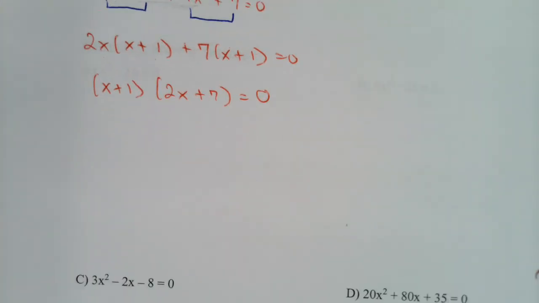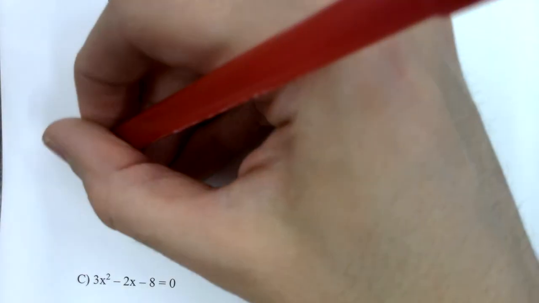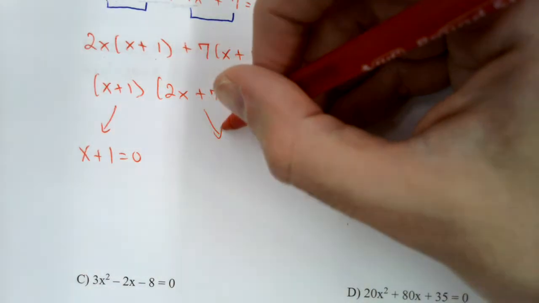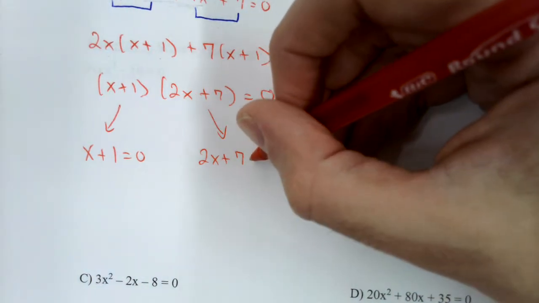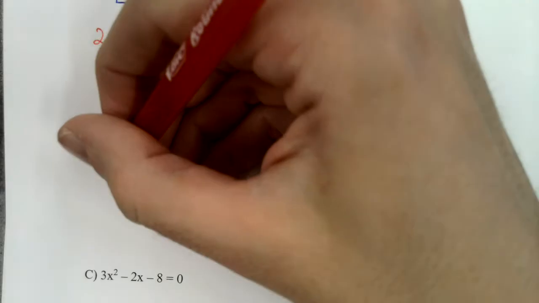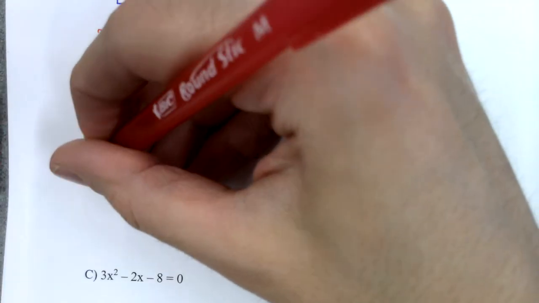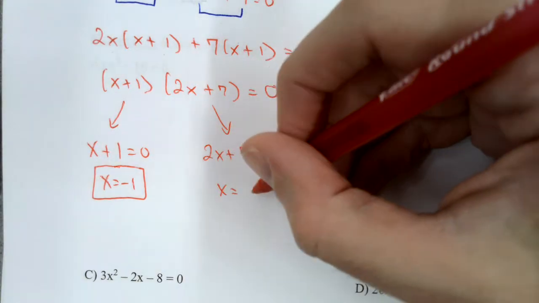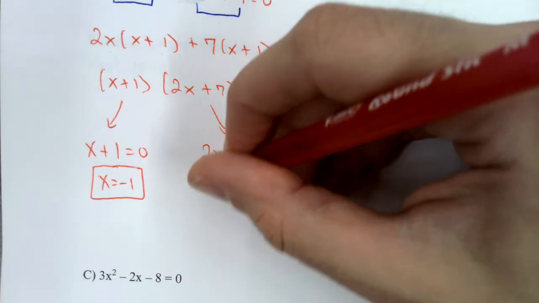And now you're going to solve each of these. X plus 1 equals 0, then 2x plus 7 equals 0. So x equals negative 1, and x equals, subtract 7, divide by 2, x equals negative 7 halves.